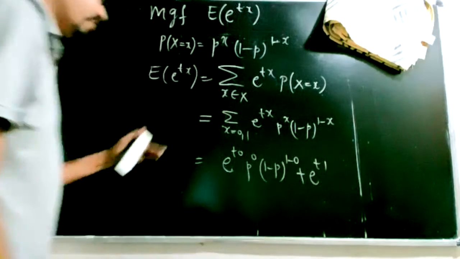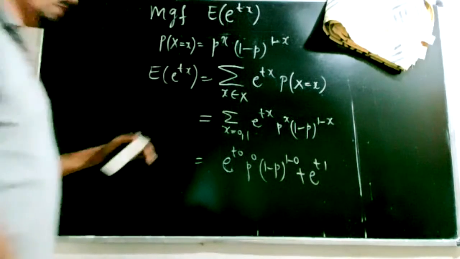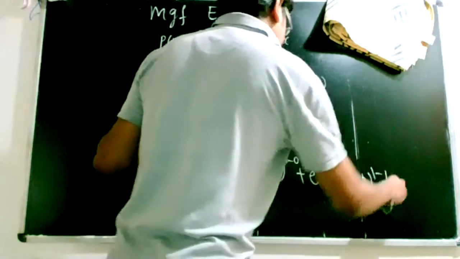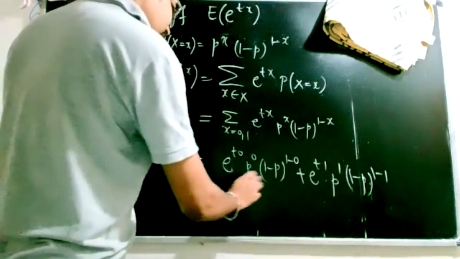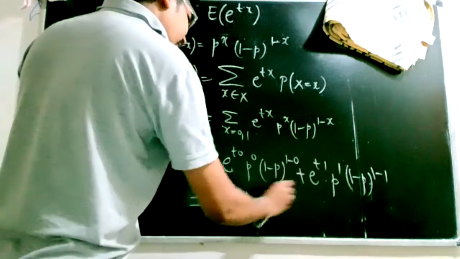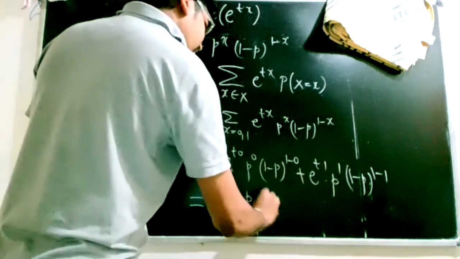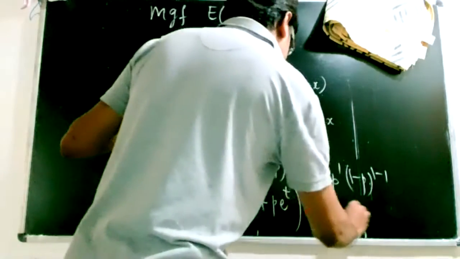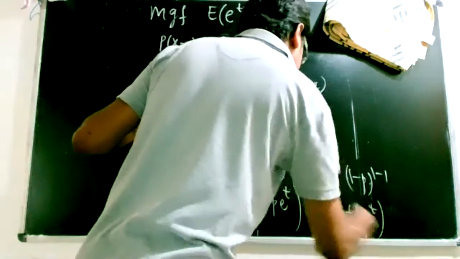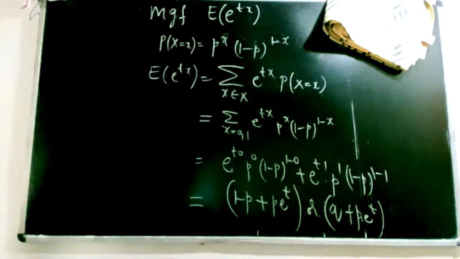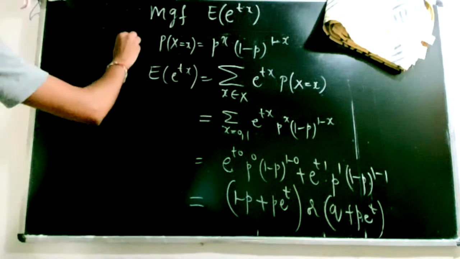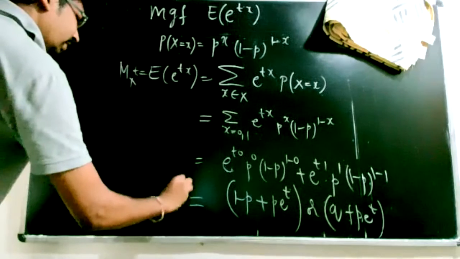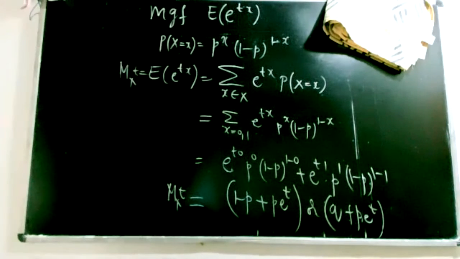When I take x equal to 1, I get e power t into p power 1 into 1 minus p power 1 minus 1. So this is 1, so I'll get 1 minus p, and this is 1, so I'll get p e power t. Or you could say q plus p e power t. So this is the MGF. M x of t is equal to q plus p e power t.